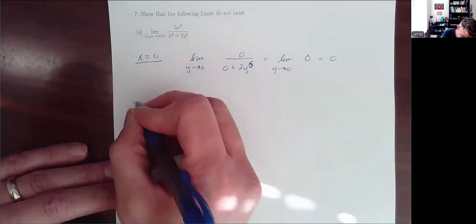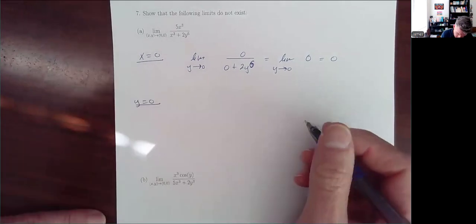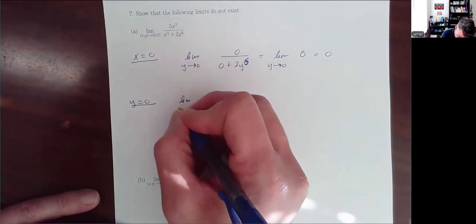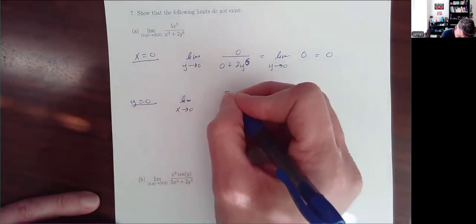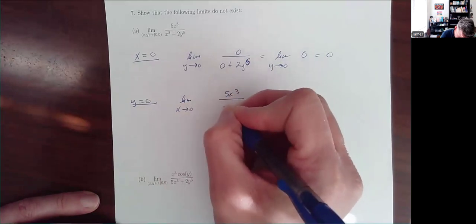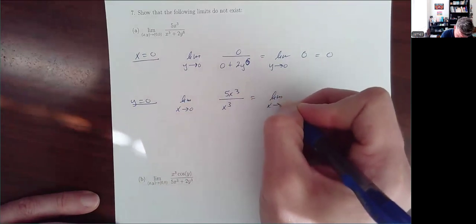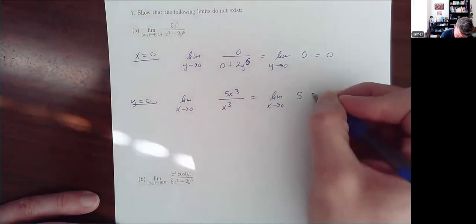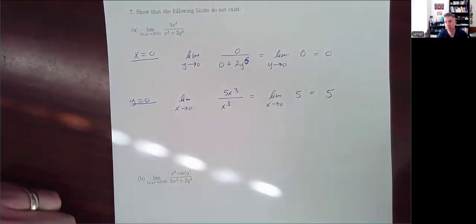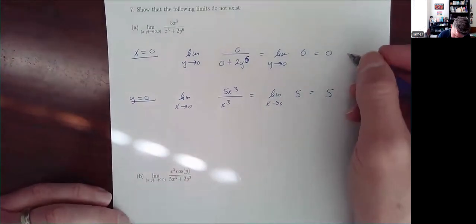Let's try y equals 0. If we try y equals 0, we get the limit as x approaches 0 of 5x cubed divided by x cubed plus 0. But this simplifies to the limit as x approaches 0 of 5, which is equal to 5. So we're done. These two limits are different values.